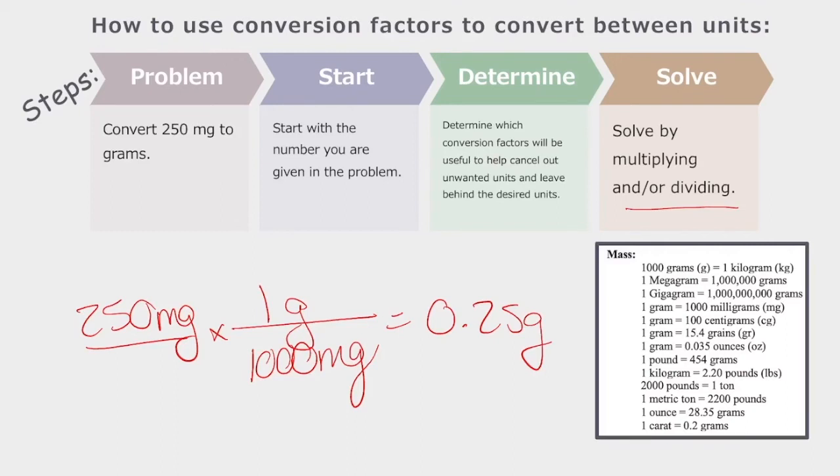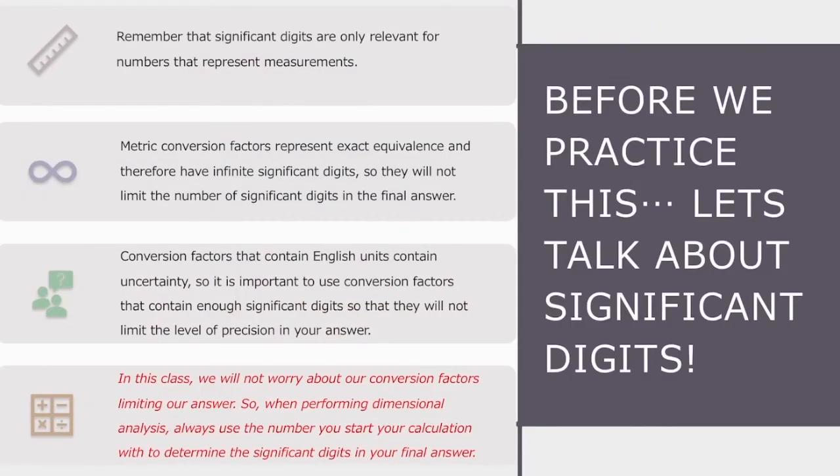So let's go ahead and talk for just a minute about significant digits. We learned all about sig figs and how to multiply and divide with significant digits in an earlier building block. Now we need to talk about how we're going to report significant digits in the answers for these conversions when we're multiplying and dividing these numbers and using all these conversion factors. We want to remember that significant digits are only relevant for numbers that represent measurements, first of all.